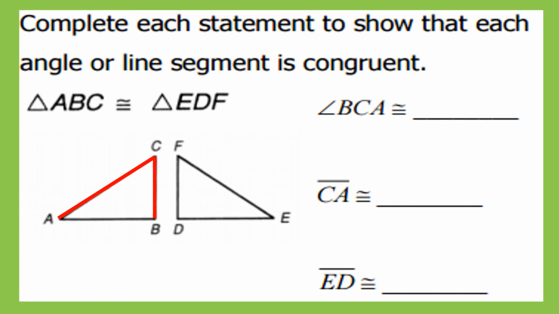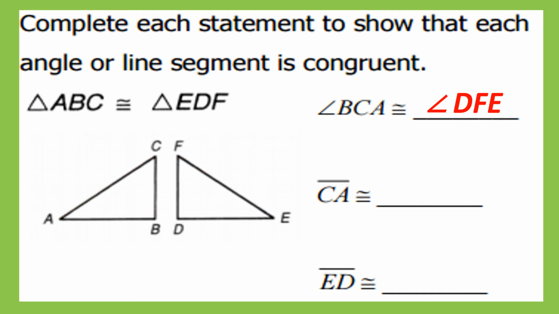Well, it looks to me like it would be D, and then up to F, and then down to E. And it has to be in that order. So angle BCA is congruent to angle DFE. Again, must be in that order. Have to have the letters in that order.